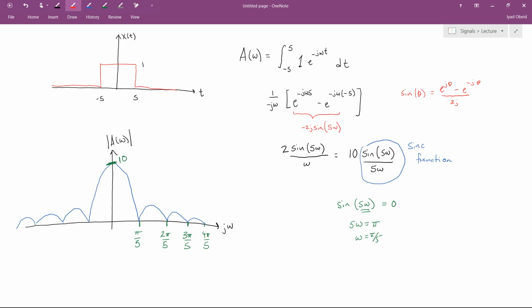And then the other thing that's worth noting, that's really interesting, is that usually when we take the Fourier transform, the result of our transform is complex. Up until now, pretty much every A that we've looked at has contained complex numbers. But if you look at the particular value of A that we get here, which is 10 sine 5 omega over 5 omega, that's not a complex function. This is purely real.